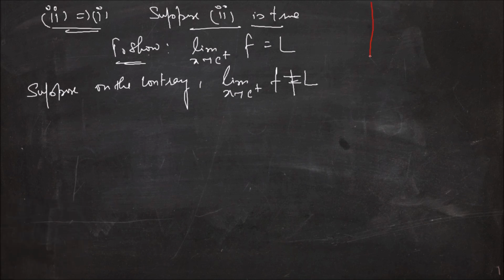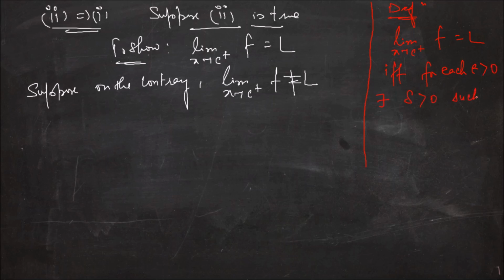The definition is: the limit as x tends to c positive of f is equal to L if and only if for each epsilon greater than 0 there exists delta greater than 0 such that for all x with 0 less than x minus c less than delta, this should imply |f(x) minus L| is less than epsilon.